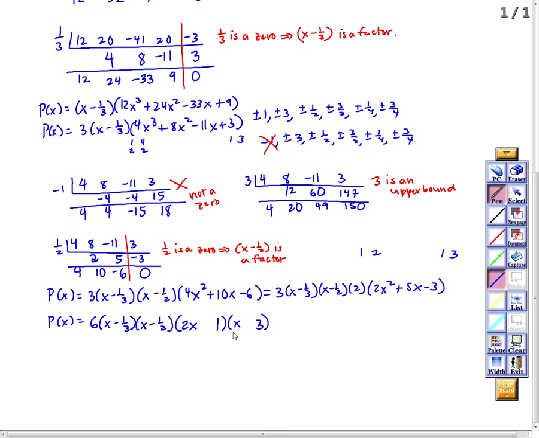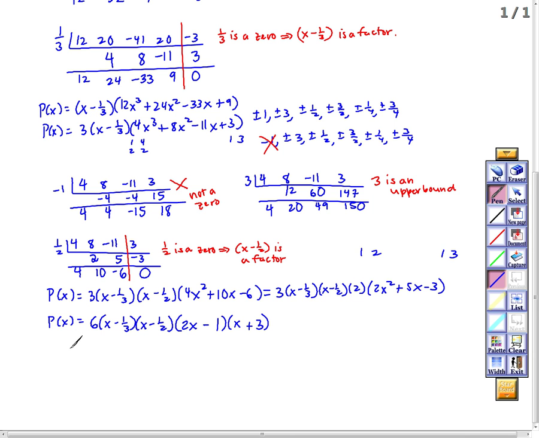This has to be the 1. I want the biggest one to be plus, since the sign in here is plus, so check that. So 2x times x is 2x squared. 2x times 3 is 6x. -1 times x is minus x. That gives me my 5x. And -1 times 3 is -3. Okay, looks like we have it.